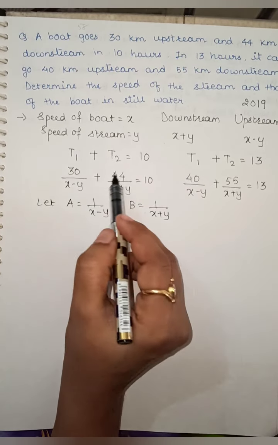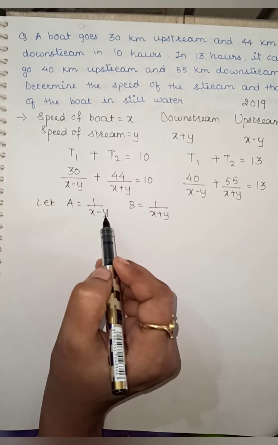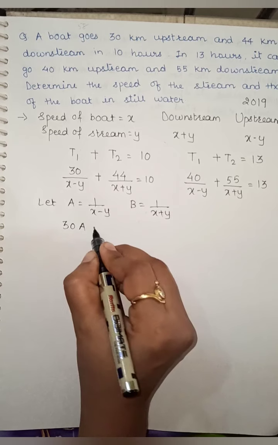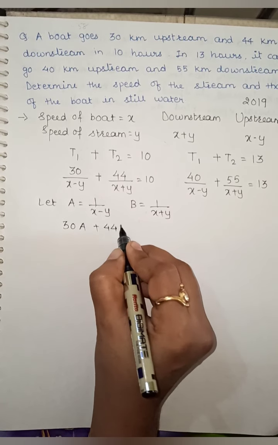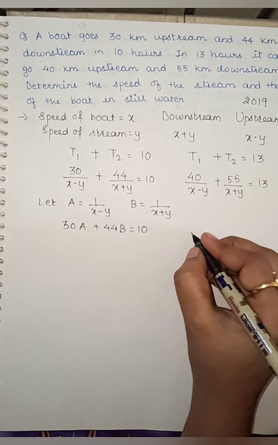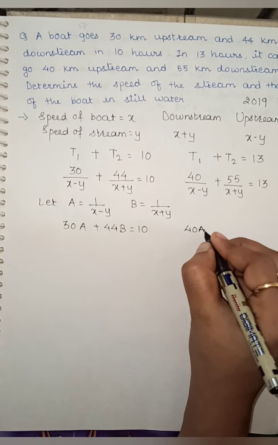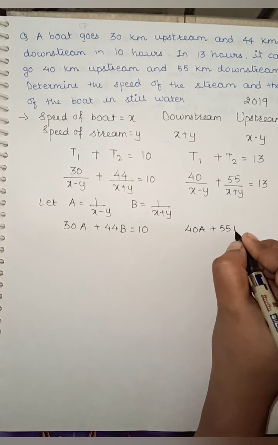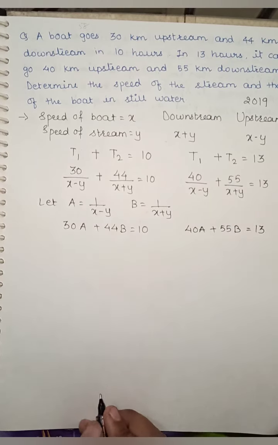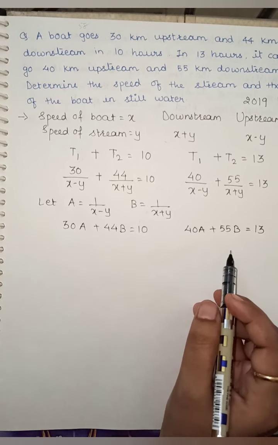So what will be the change in this equation? Now instead of 1 upon x minus y, I will take it as a. So 30a plus 44b is equal to 10. Similarly here, 40a plus 55b is equal to 13.